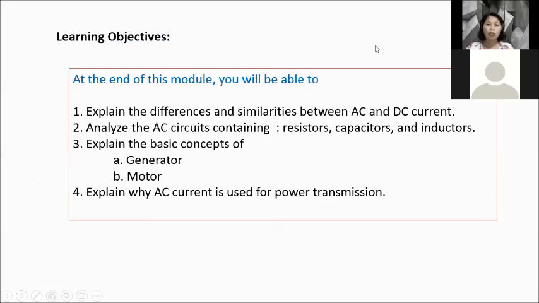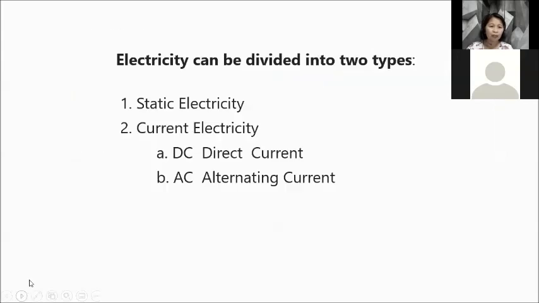Our learning objectives are, at the end of this module, you will be able to explain the differences and similarities between AC and DC current or AC and DC voltages, analyze AC circuits containing R for resistor, C for capacitor, and L for inductors, explain the basic concept of generator and of motor, and explain why AC current is used for power transmission nowadays.